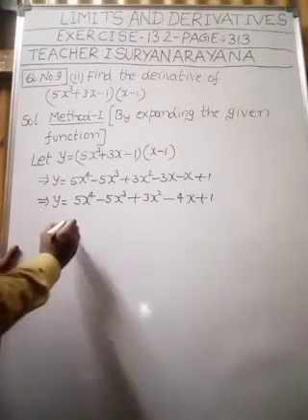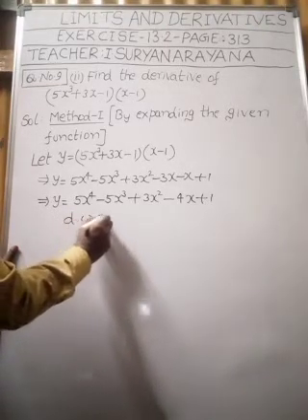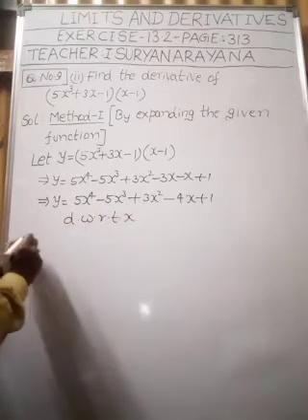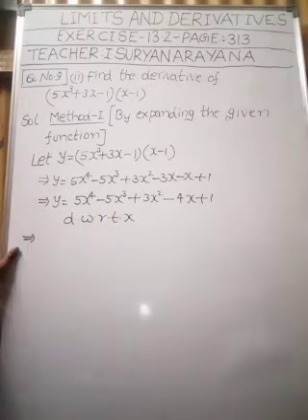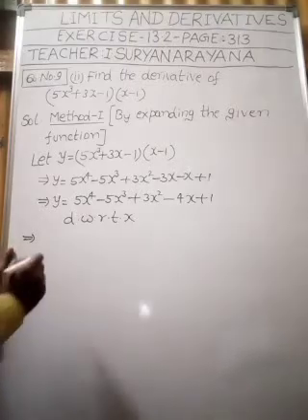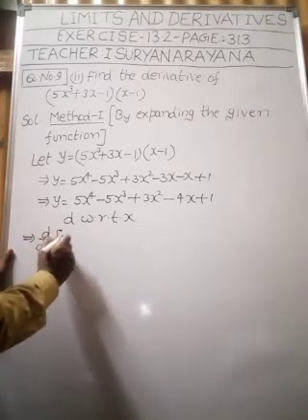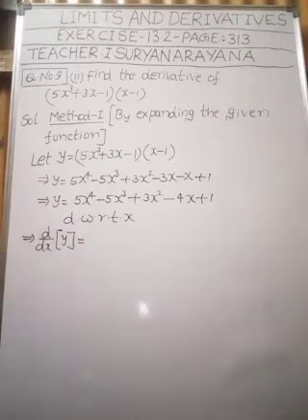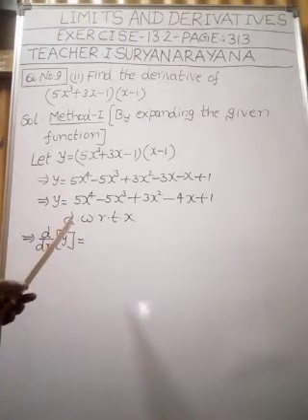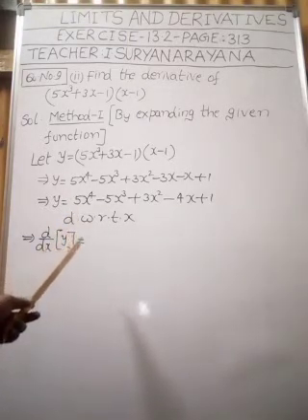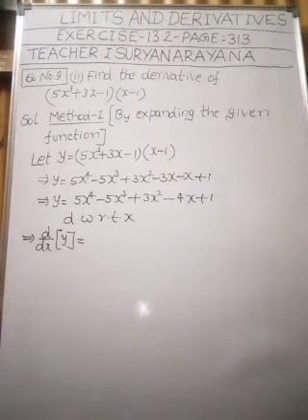Okay, my children. Differentiating with respect to x. What is the differential operator? Yes, d by dx. So d by dx of y is equal to, hereafter I am writing the numerical coefficient directly before the differential operator. I take only the function in x inside the differential operator.